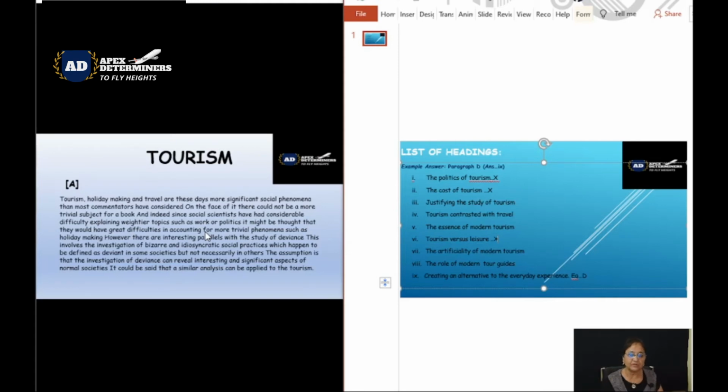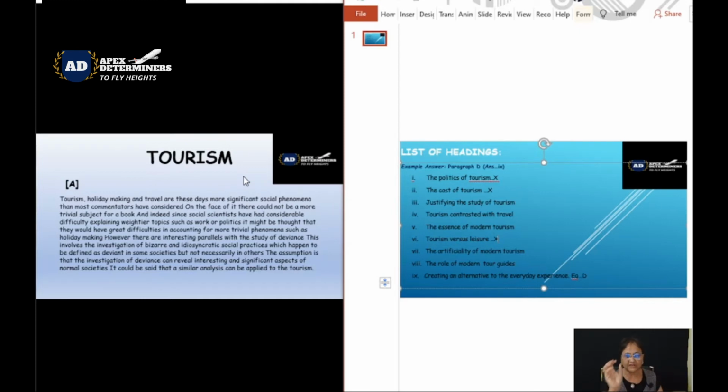When you get a noun followed by a comma, it means that that noun is going to be explained in the coming sentences. So what is the subject? Tourism, followed by comma. So this entire paragraph is going to refer to the concept of tourism.